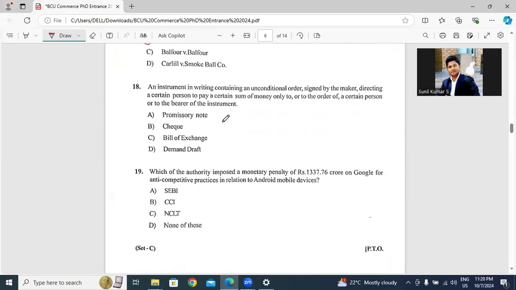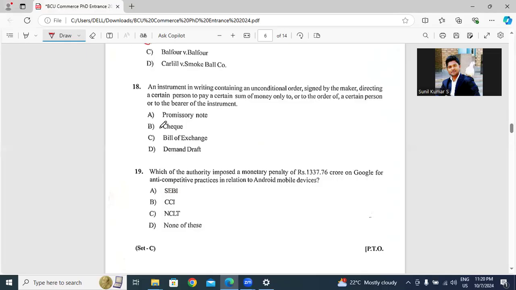Next, 18th one. An instrument in writing containing an unconditional order, signed by the maker, directing a certain person to pay a certain sum of money only to, or to the order of, a certain person or to the bearer of the instrument. Here it's definitely not a promissory note, because there will be a promise, not an order, and not even a demand draft, because here also there will be no order or promise, but bill of exchange and cheque.